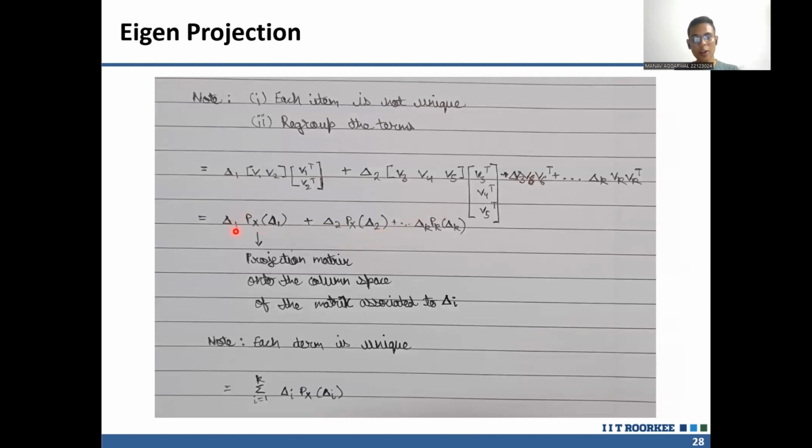We can see that we are finally able to achieve the projection matrix onto the column space of the matrix associated to lambda i. That is, we are able to project our matrix again in terms of unique eigenvector spans. And that is amazing in its very own form.